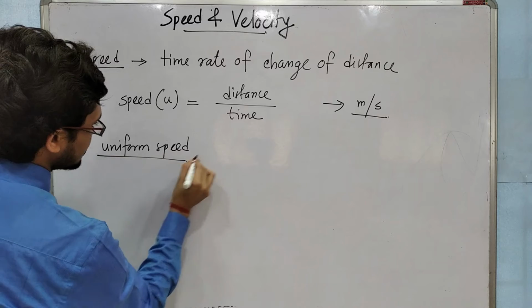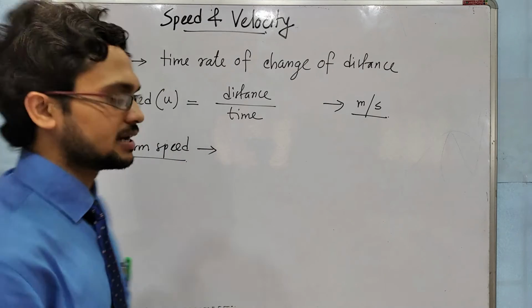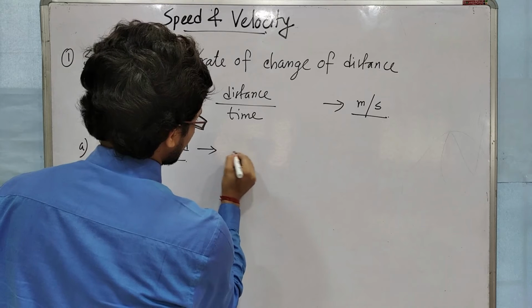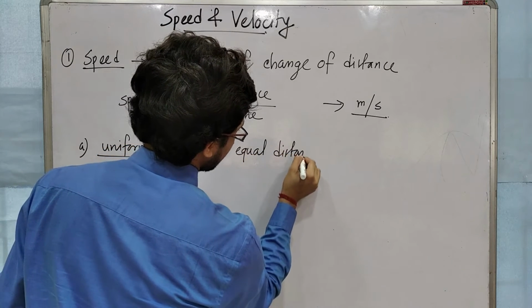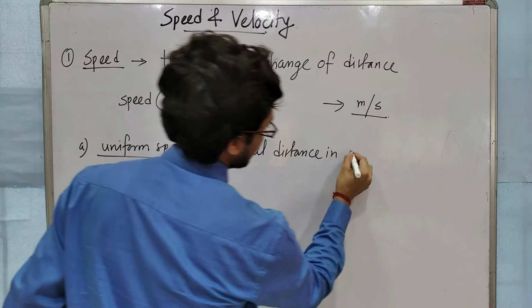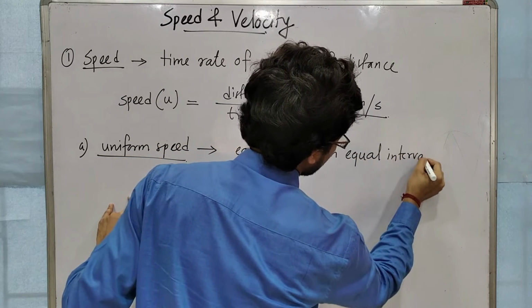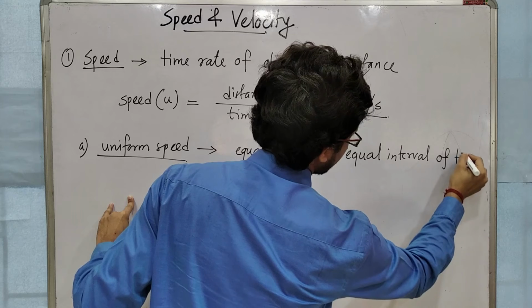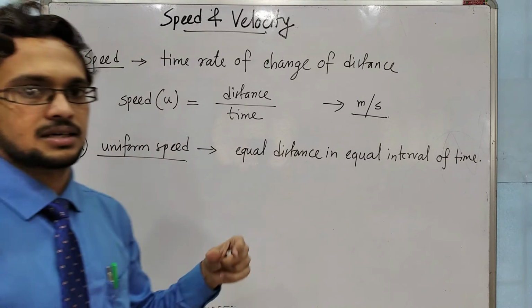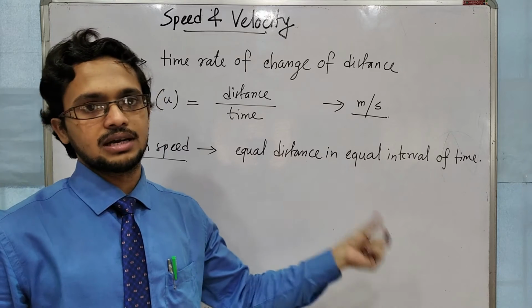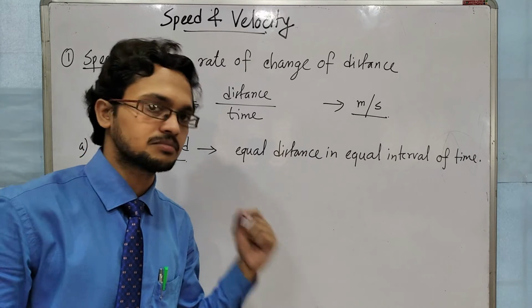Uniform speed means if the body moves equal distance in equal interval of time, then the body will have uniform speed.